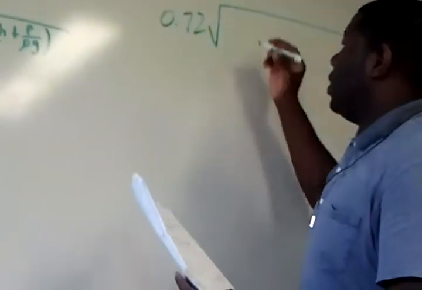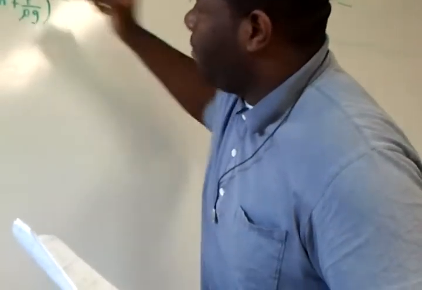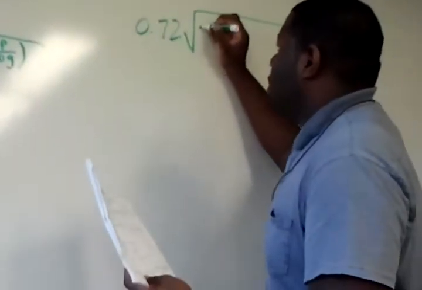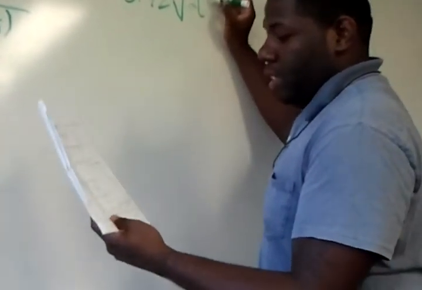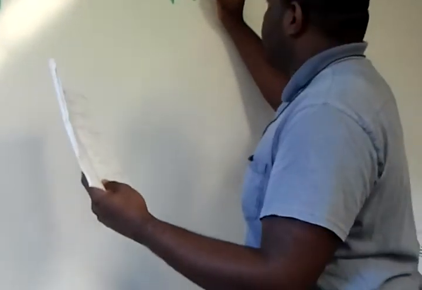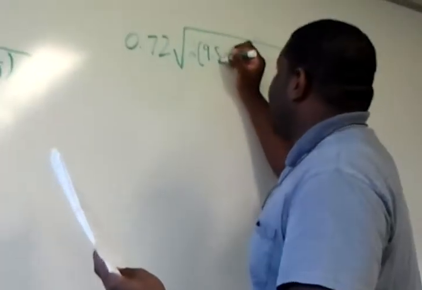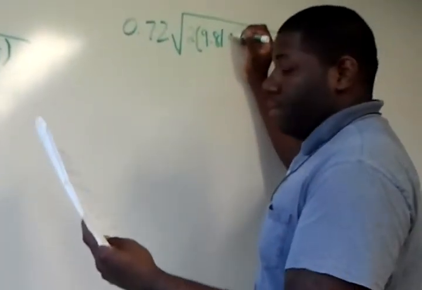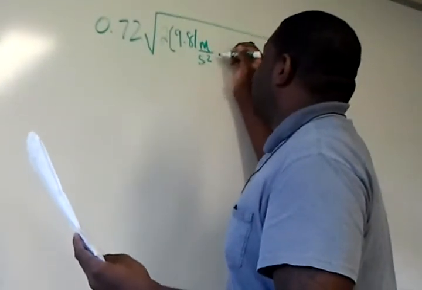So 2g, this part right here, would equal 2 times 1 gravity in meters per second squared, so 9.81 meters per second squared.